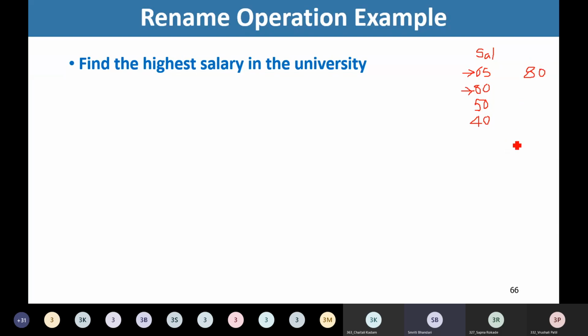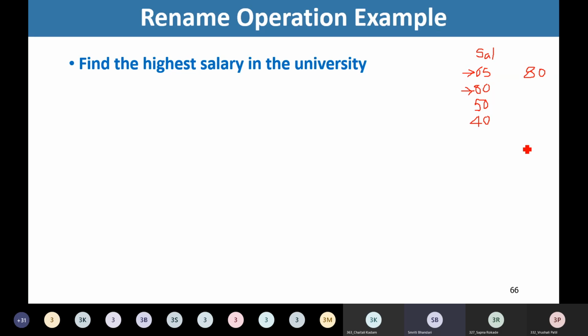And if I am using this instructor table more than once, then I need to refer to one instance of the instructor table with some other name. So I need to make use of the rename operation.